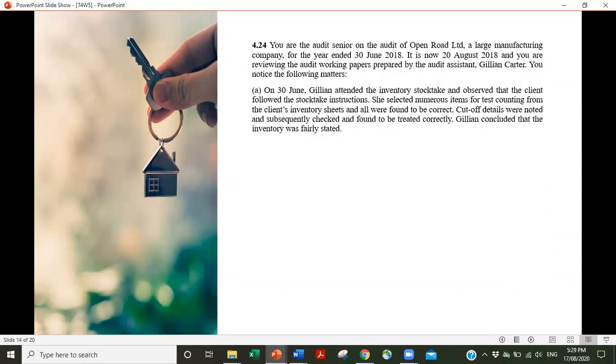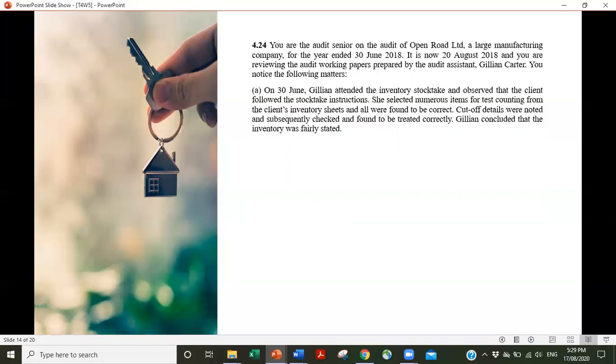So the first one is, you're the audit senior. Gillian attended the stock take and observed that the client followed the stock take instructions. Gillian selected numerous items for testing from the client's inventory, and they were all found to be correct.